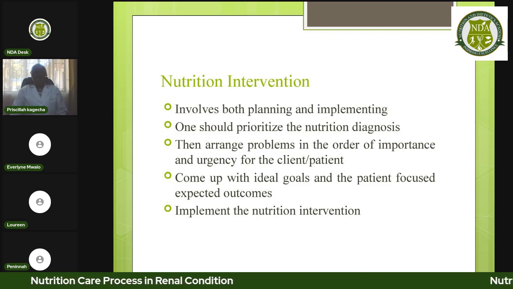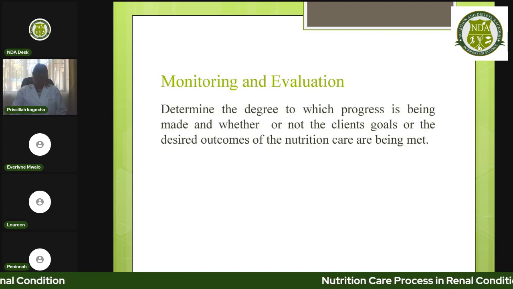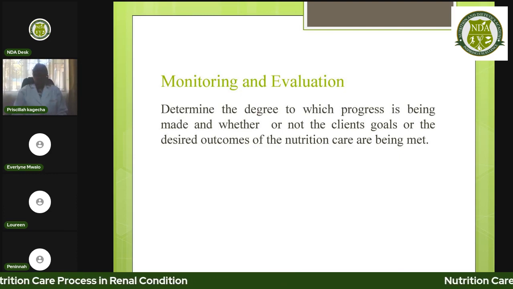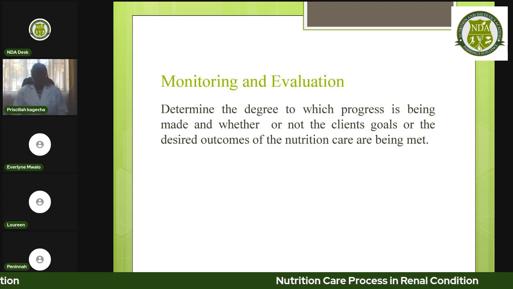And then monitoring and evaluation. In monitoring and evaluation, you determine the degree to which progress is being made and whether or not the client goal or the desired outcomes of the nutrition care are being met.